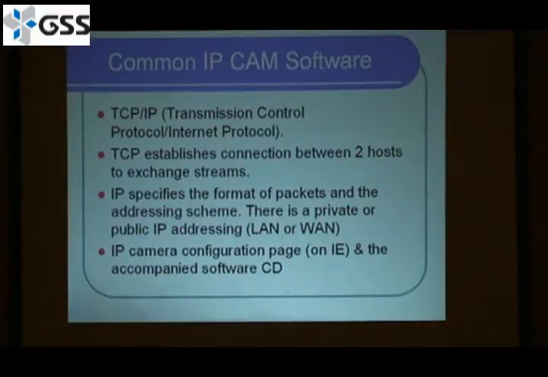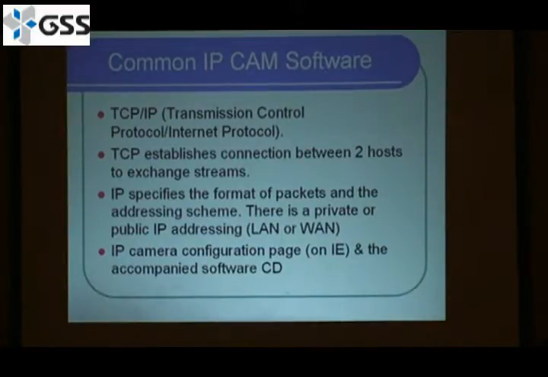And as we will see later on, there is a private and public IP addressing. And that is a local area network or the one which the internet. So we also have, we will see later on, IP configuration page on Internet Explorer.